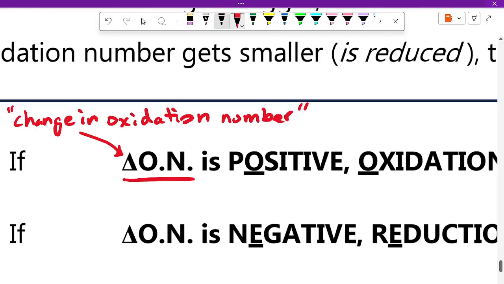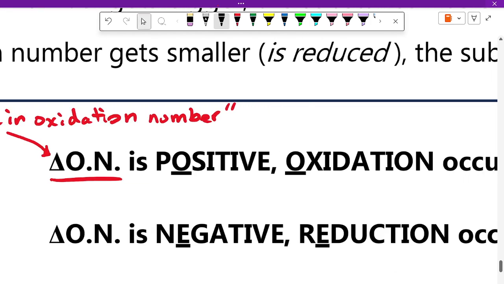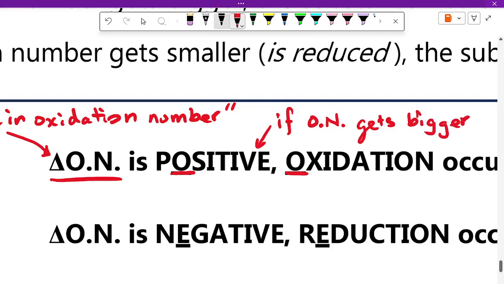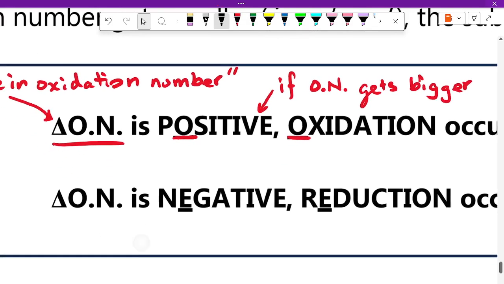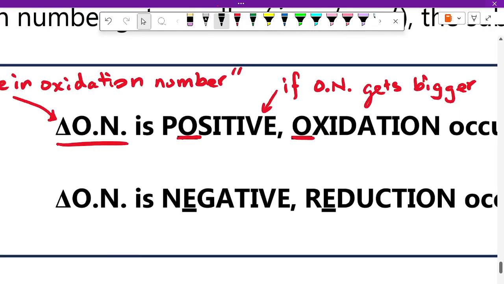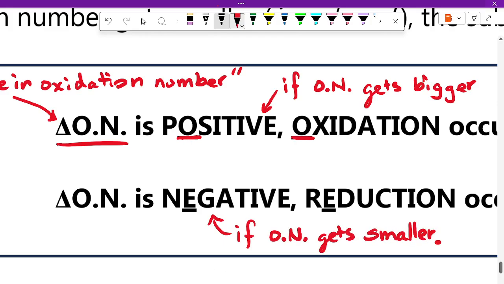If the change in oxidation number is positive, it is oxidation. In other words, if the oxidation number gets bigger. If the change in oxidation number is negative, in other words, if the oxidation number gets smaller, we've had reduction. Okay.